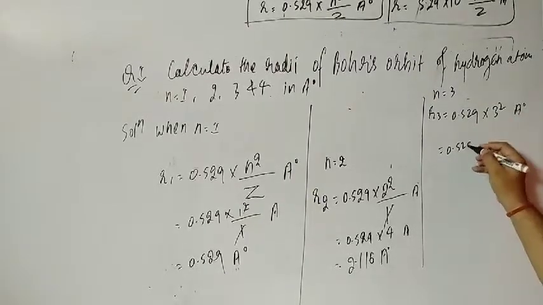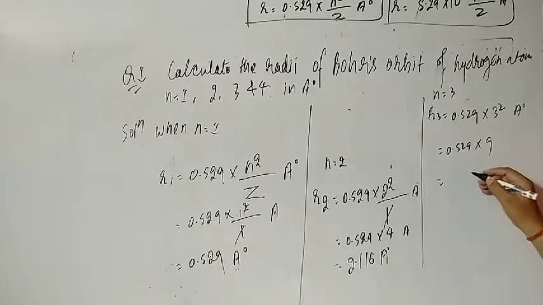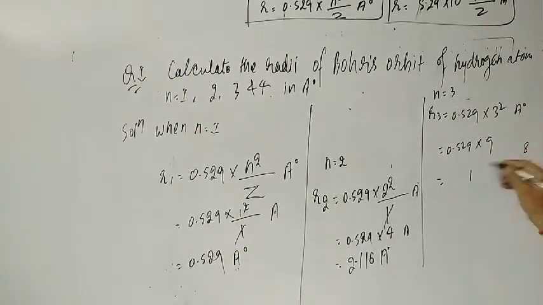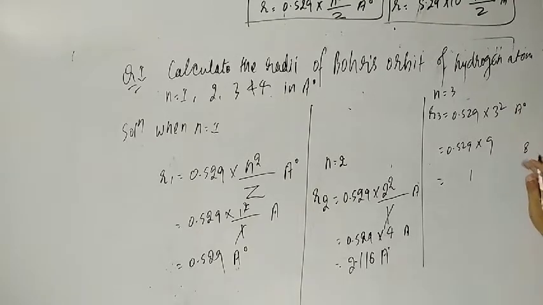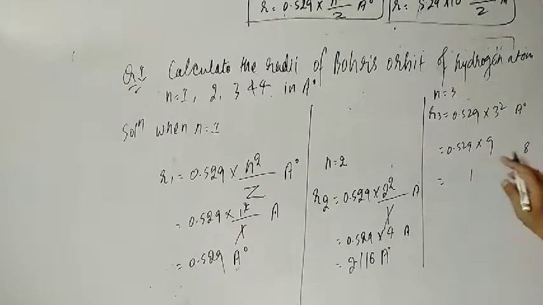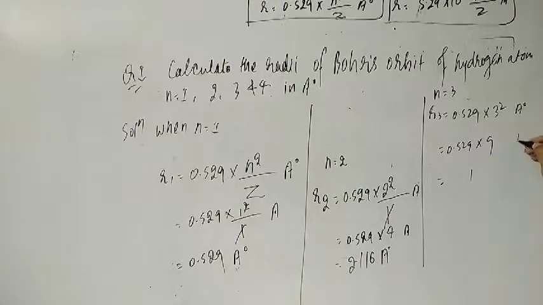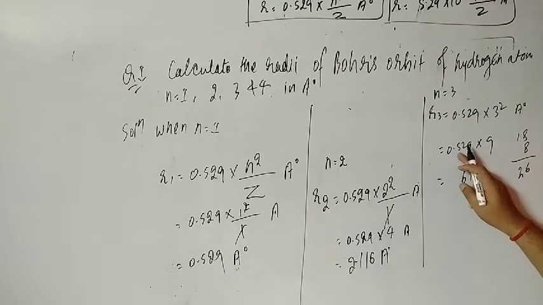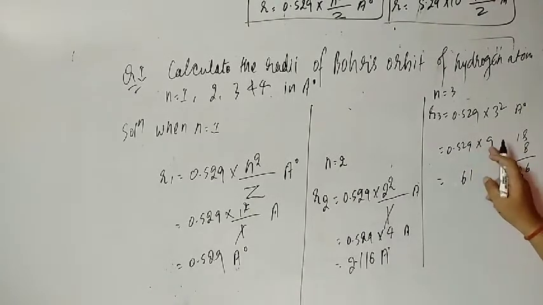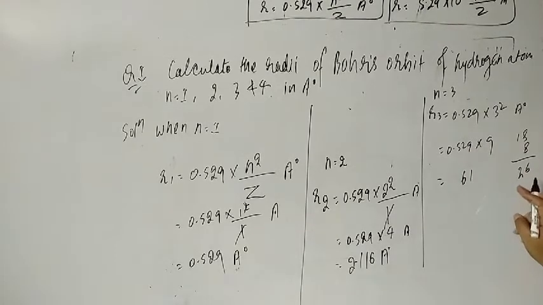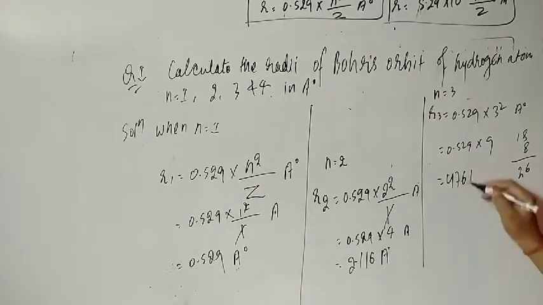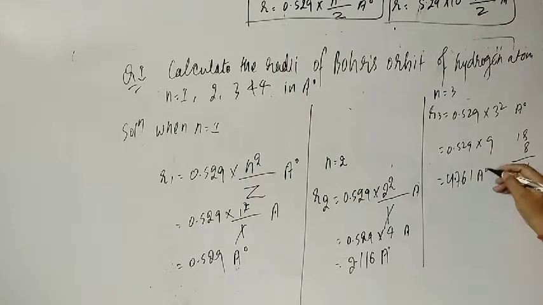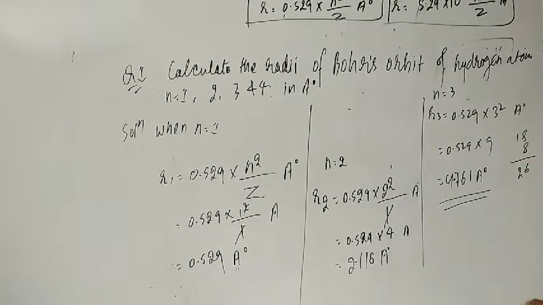So 0.529 multiplied by 9. 9 nines are 81, carry 8, 9 twos are 18, plus 8 is 26, that is 6, carry 2, 9 fives are 45, plus 2 is 47. After 3 digits you put the decimal, so it is 4.761 angstrom.